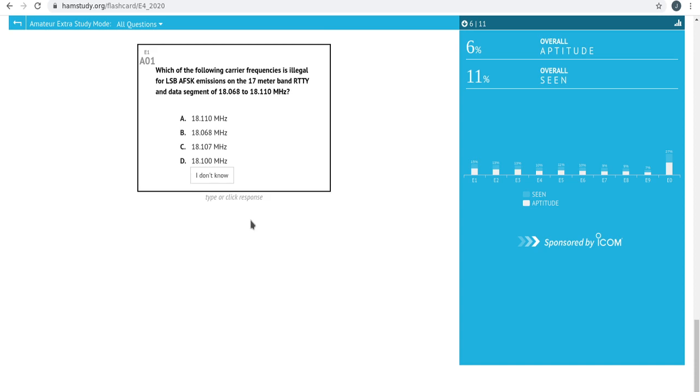Which of the following carrier frequencies is illegal for lower sideband AFSK emissions on the 17-meter band RTTY and data segment of 18.068 to 18.110 megahertz?